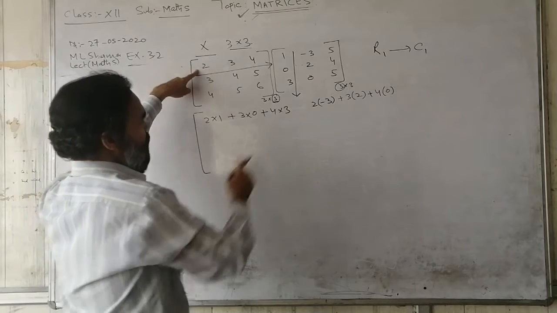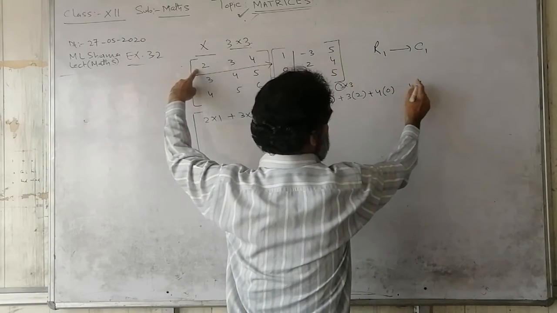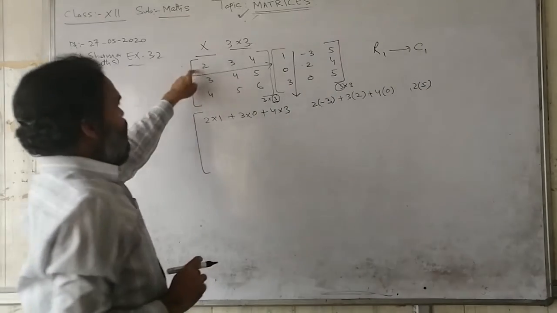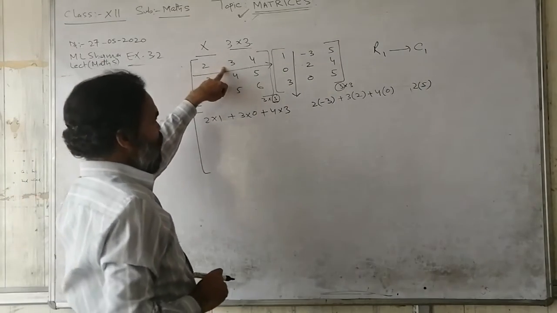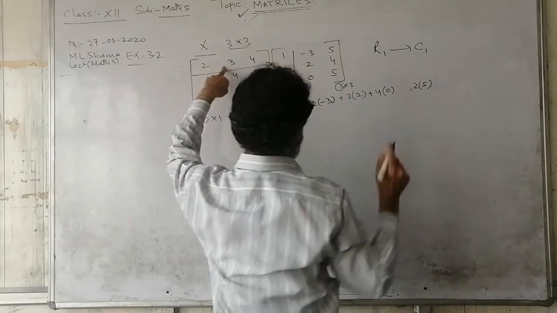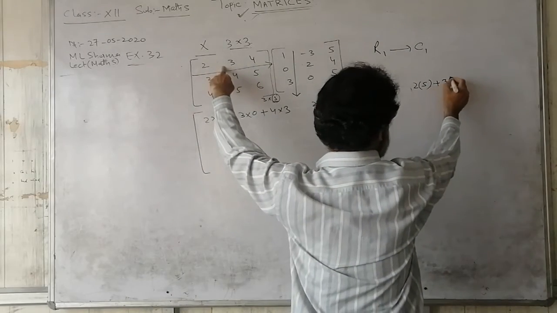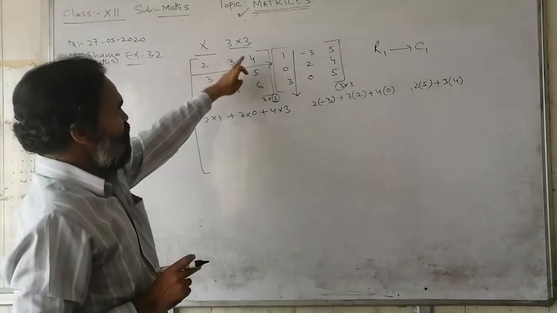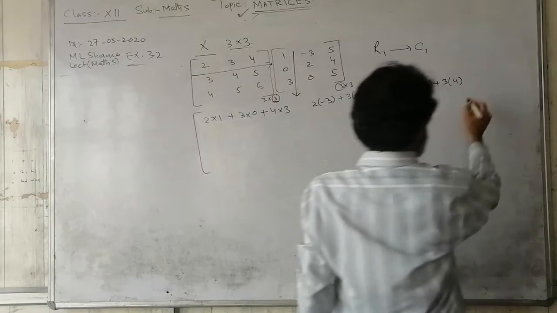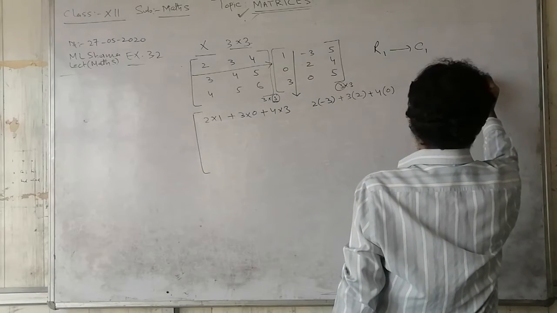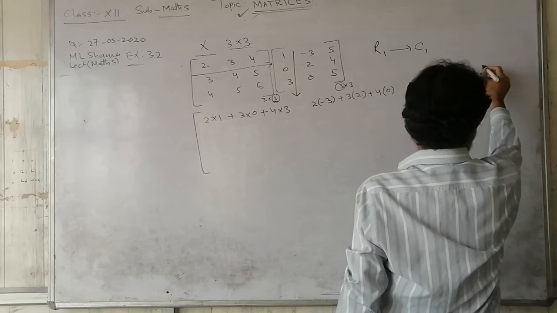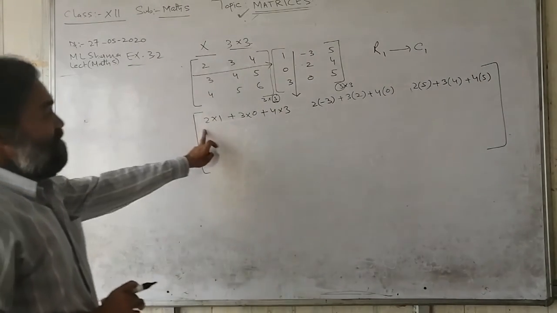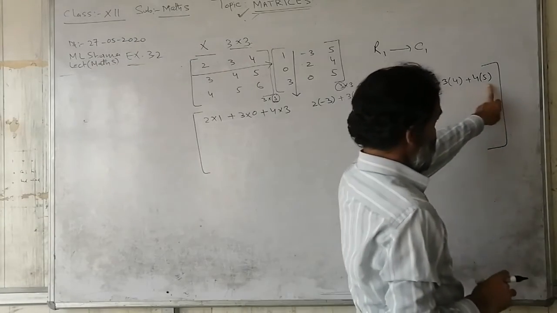So 2 multiplied by 5 gives 2 into 5, then 3 multiplied by 4 gives 3 into 4, and the last element 4 multiplied by 5 gives 4 into 5. These are all the elements of row 1.